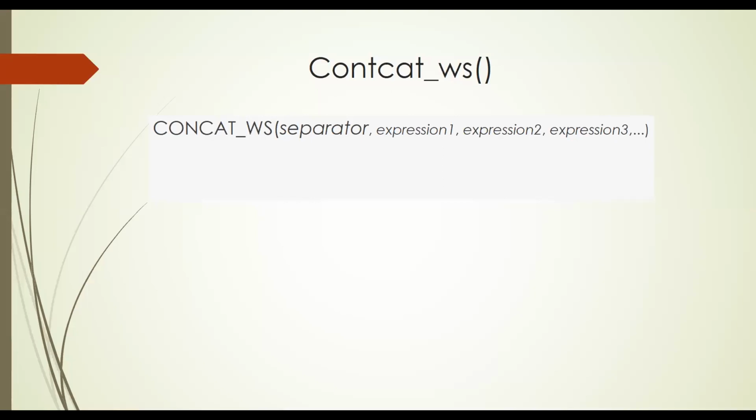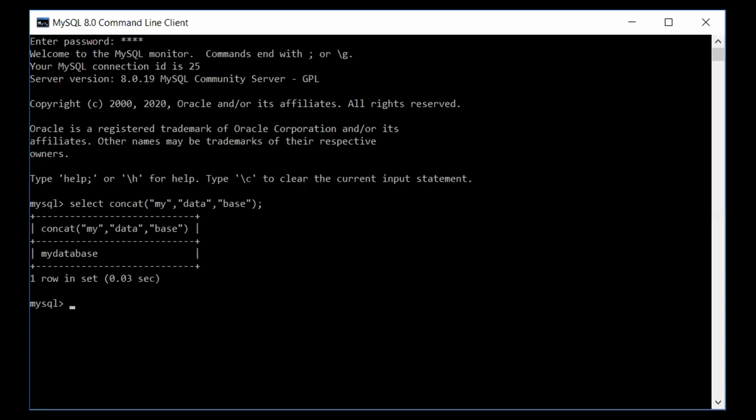Next is concat with separator. The concat with separator function adds 2 or more expressions together with a separator. So the syntax of concat WS is first parameter is always a separator. After that you can pass expressions as many you want. Let's check here. Select concat WS.